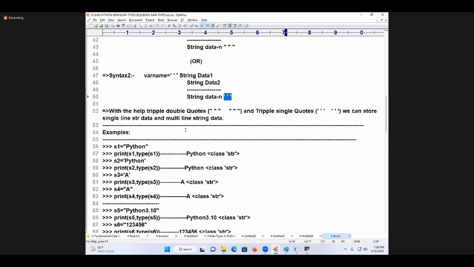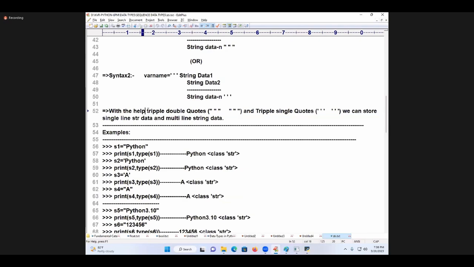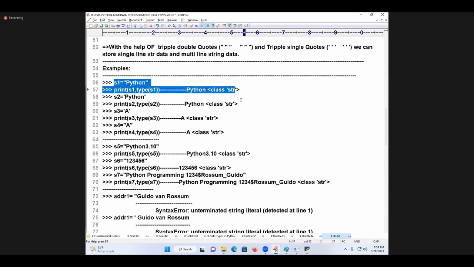Getting my point? With the help of triple double quotes or triple single quote, we can store single line STR data and multi-line STR data.